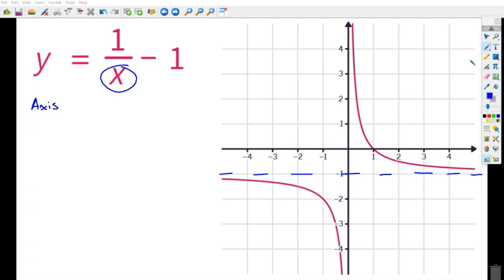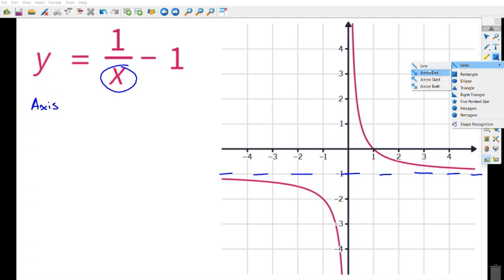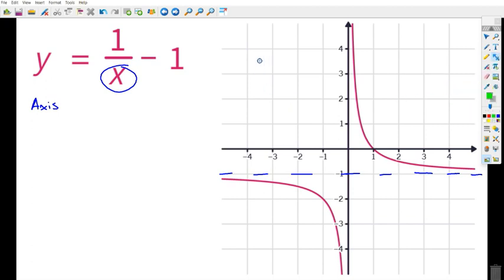So if I take a ruler, let me show you. I take a line, and I draw a line straight through this point over here. Can you see that on either side of this line, the graph mirrors itself?